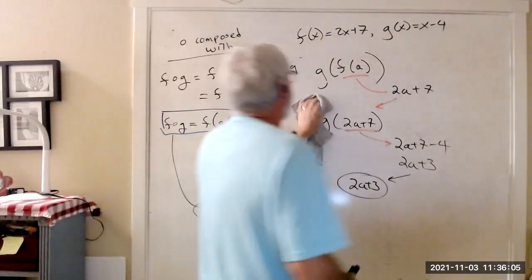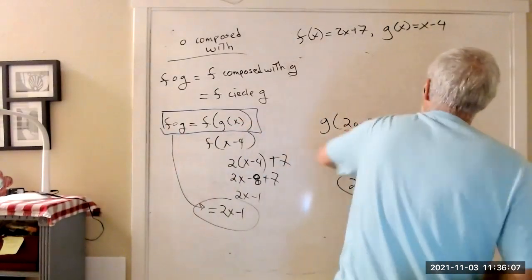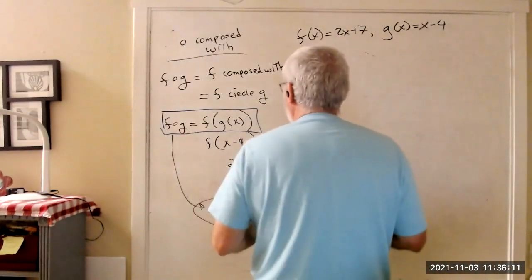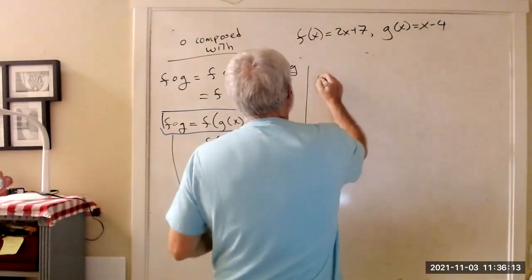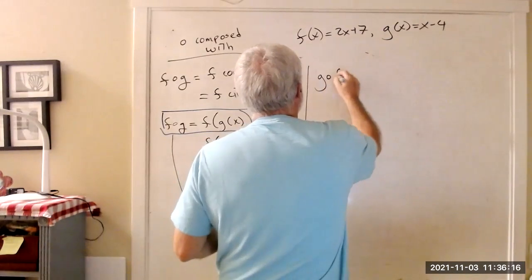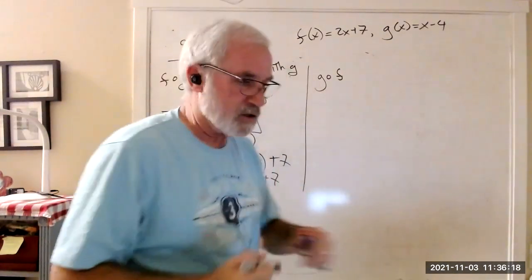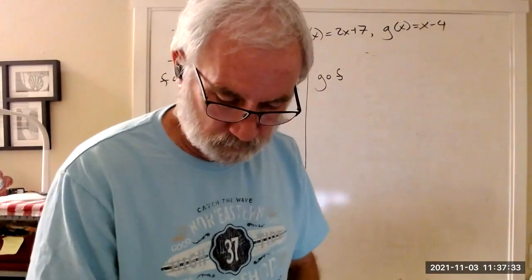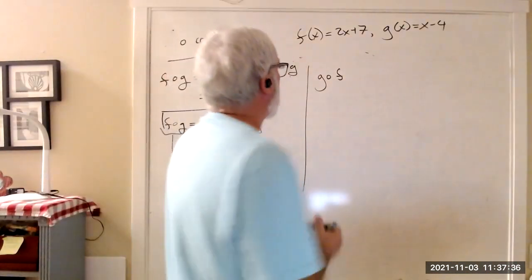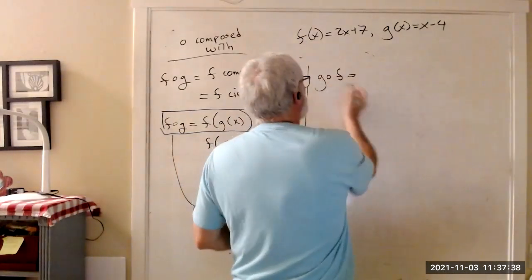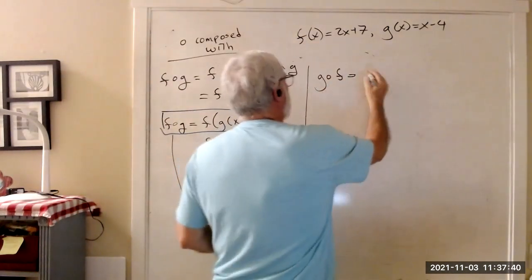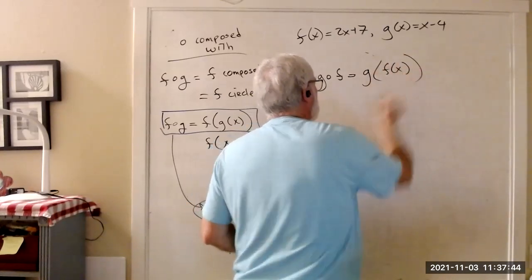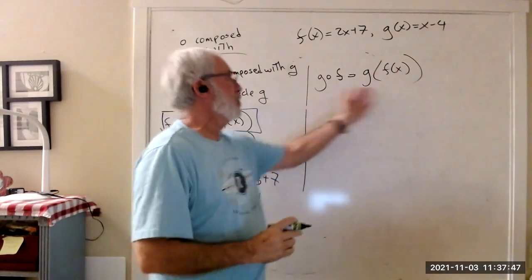All right, so I want you to find G circle F. Take a second to find G circle F. Okay, so G circle F or G composed with F is just a fancy way of saying G of F of X. These two are synonymous.